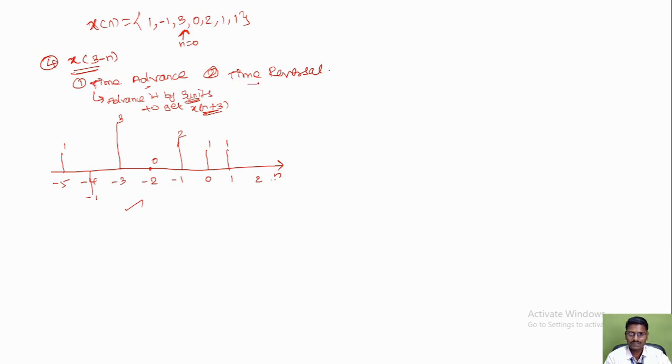The next operation is time reversal. Time reversal of x of n plus 3 gives x of 3 minus n, right?